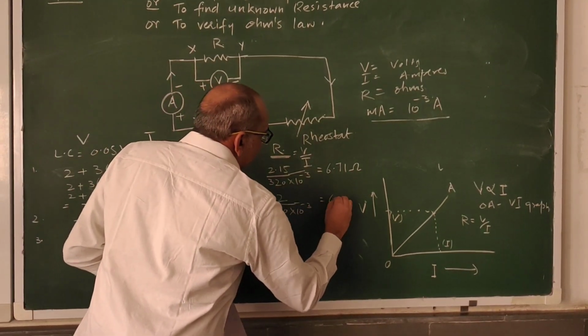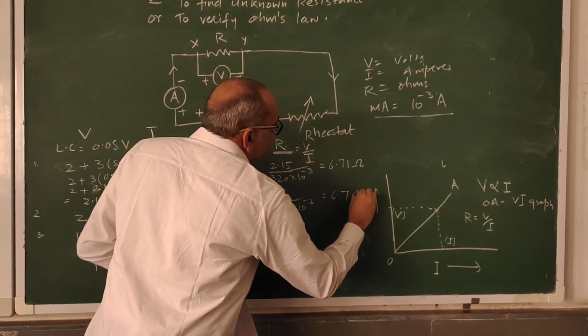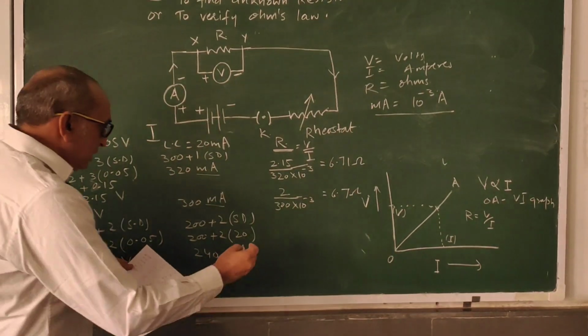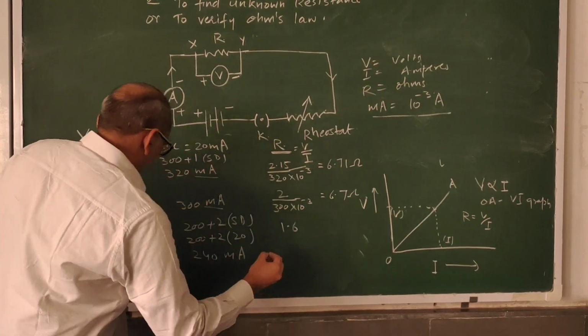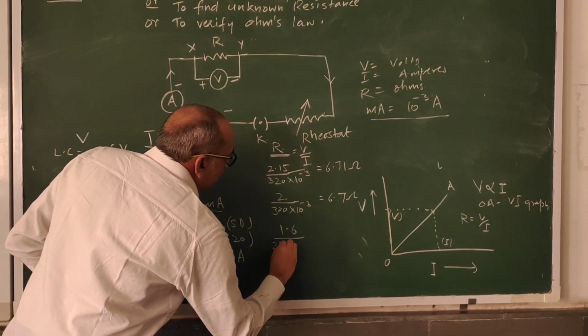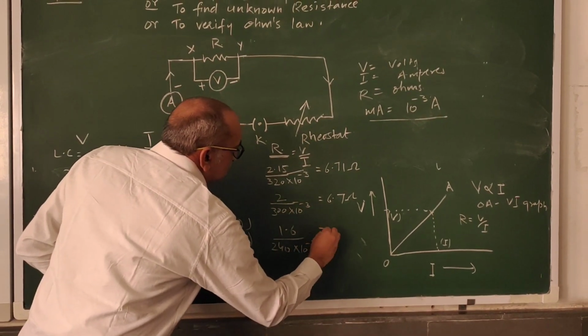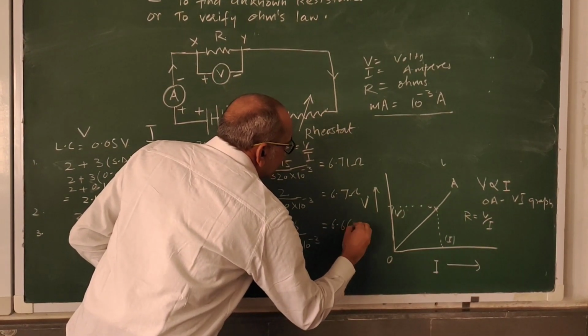Solving, we get 6.7 ohm. The third was 1.6 upon 240 milliampere with the conversion factor. We get the value 6.66 ohm.